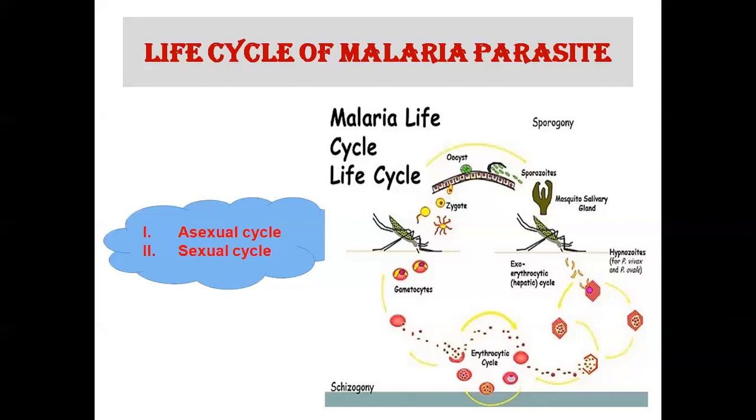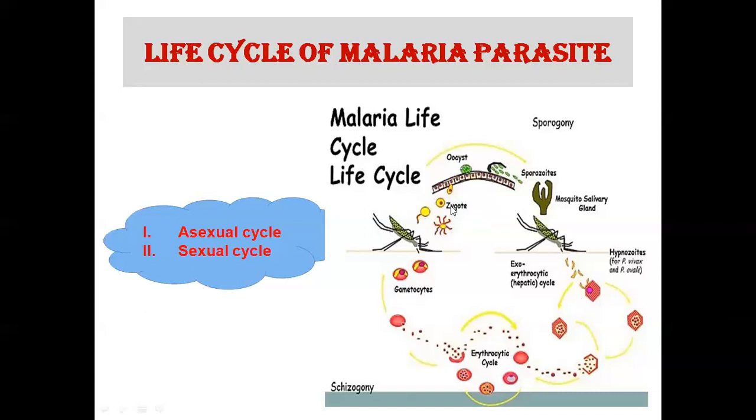This cycle completes in the mosquito. The microgametocyte and macrogametocyte unite to form a zygote. That means in the mosquito, the microgametocyte and macrogametocyte form a zygote.